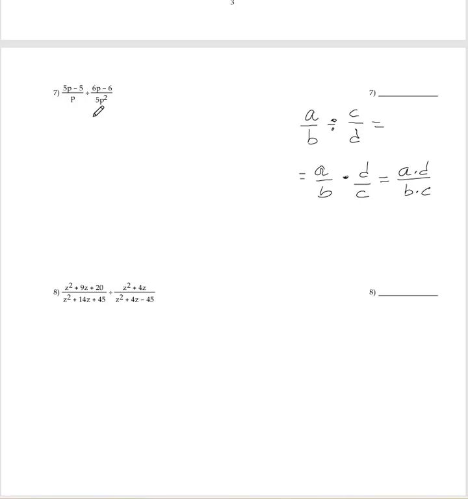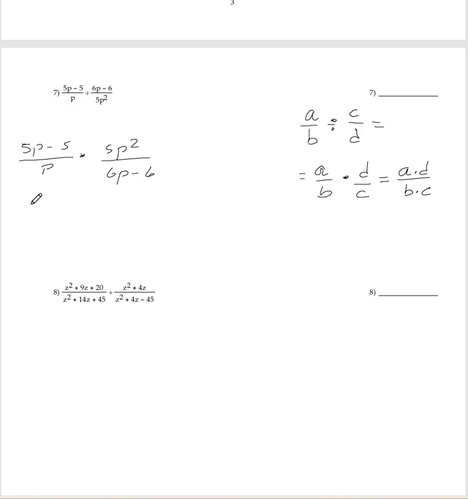Well, we're going to do it here. So we start by flipping the rational expression, c p minus 6 over 5p squared, and turning the division into multiplication. So we say 5p minus 5 over p times 5p squared over 6p minus 6.